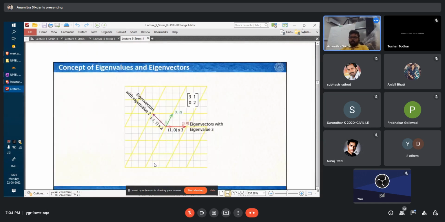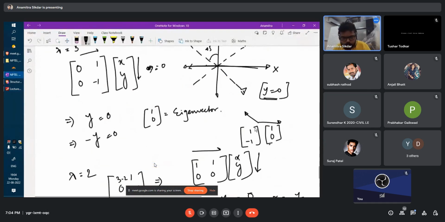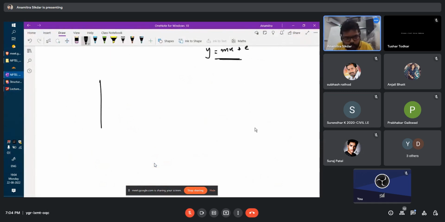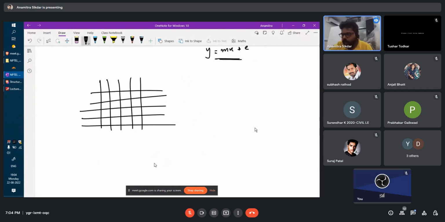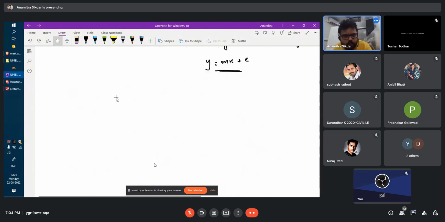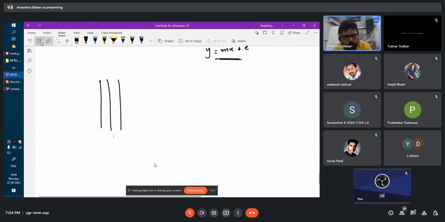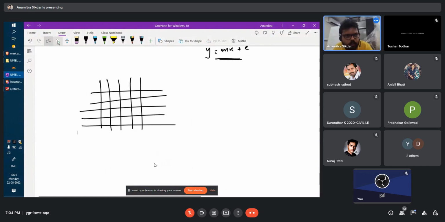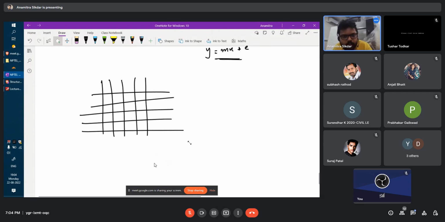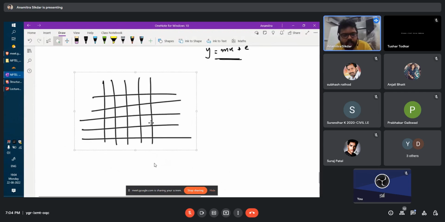Say for example you have this matrix, and what you did is you just increased it, like that.